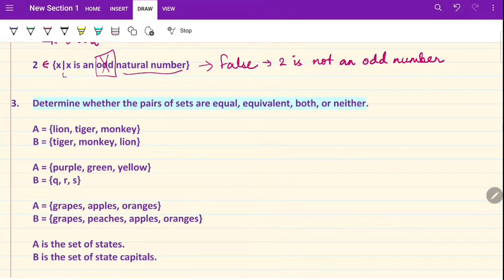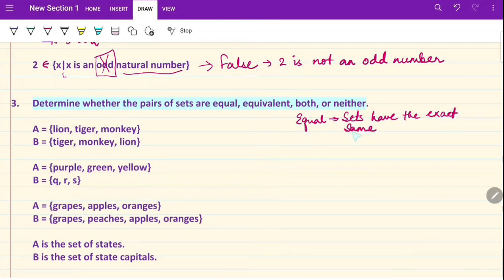Let's look at the next set of questions, which is to determine whether the pair of sets given below are equal, equivalent, both, or neither. But before that, we need to remind ourselves what we mean by equal and equivalent. Equal means two or more sets have the exact same elements.